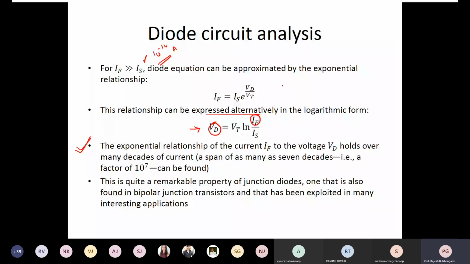So this exponential relationship is a very interesting characteristic of the diode, or the junction to be more precise. And this exponential relationship is exploited in many applications, which we will probably see later on.